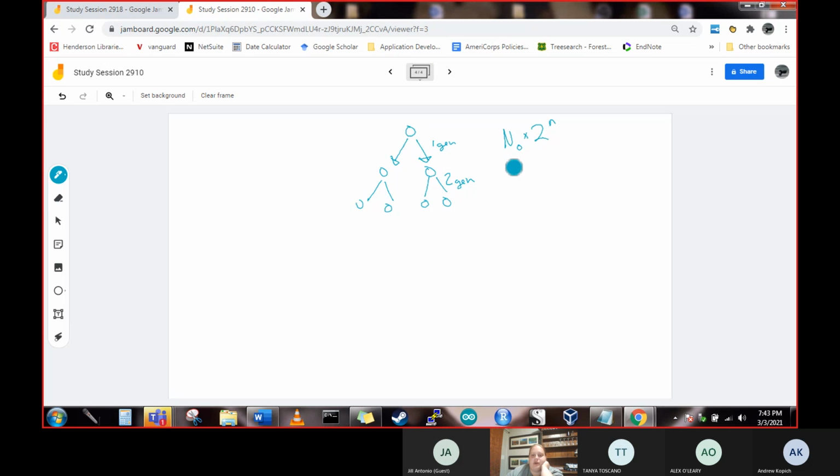In this example, if this was our 1 starting bacteria, our N naught would be 1. And we would multiply this by 2 raised to the number n of generations. So n equals number of generations, and sub 0 is the number of starting bacteria.